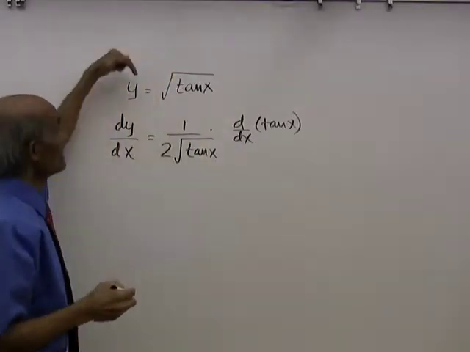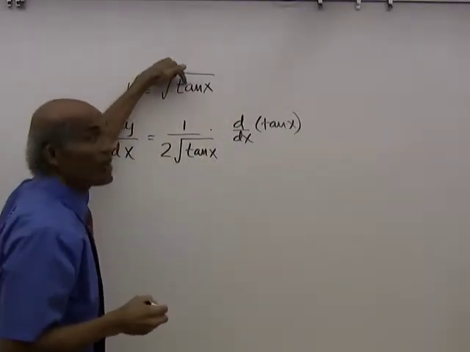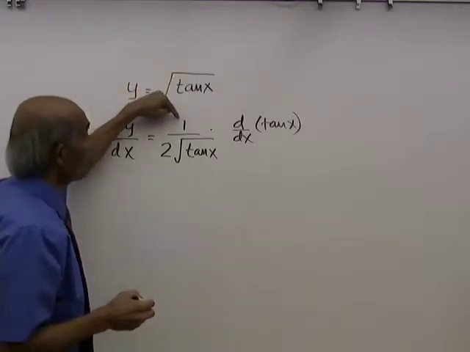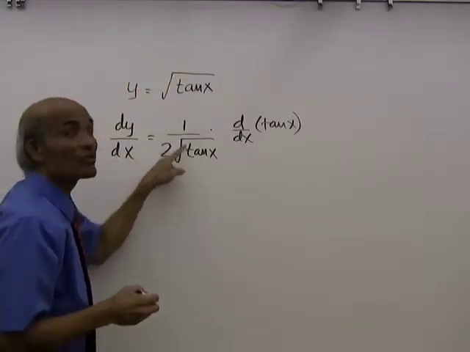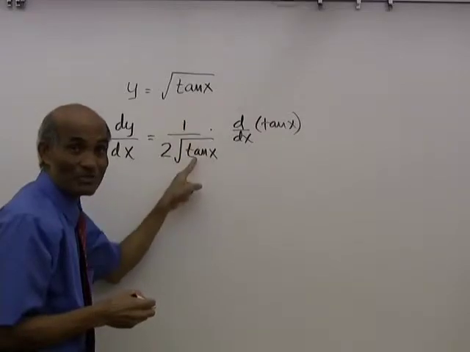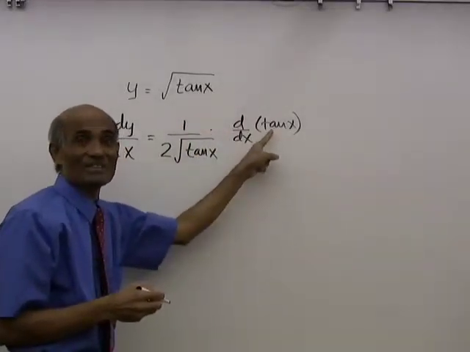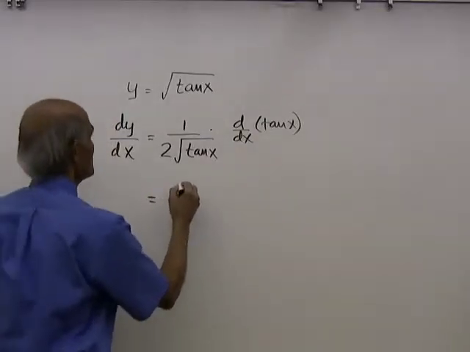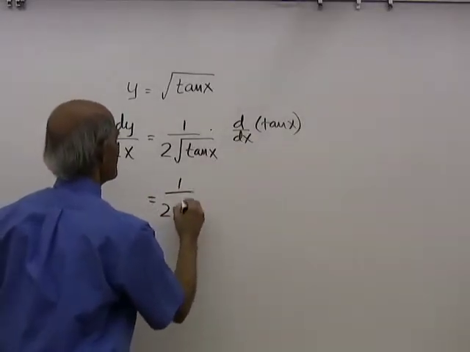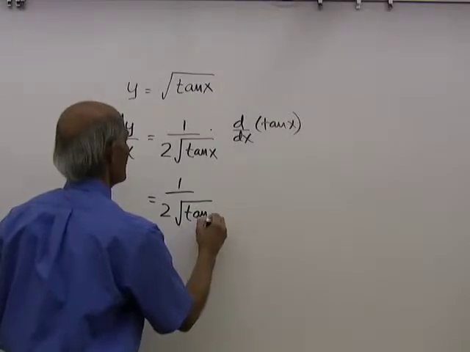So once again, the derivative of a square root quantity is 1 over 2 square root of that quantity times the derivative of that quantity. And that gives you 1 over 2 square root of tan x.